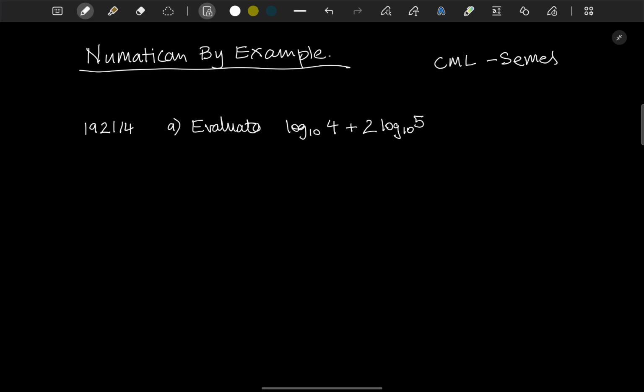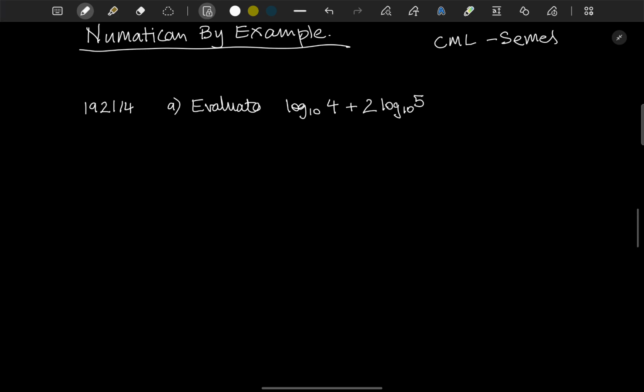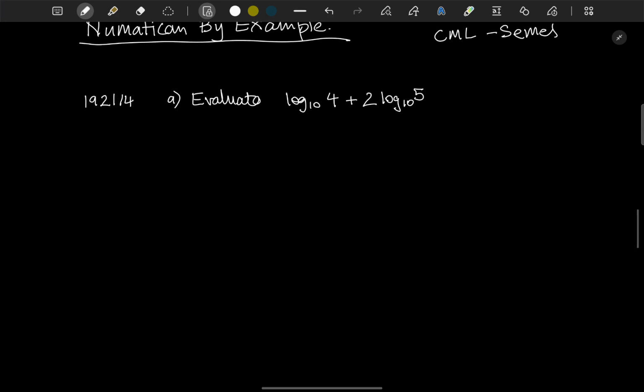Now, before we can answer this question, I just need to explain some translations. So to translate from SEML into Numatican.